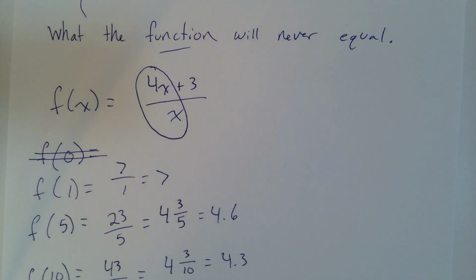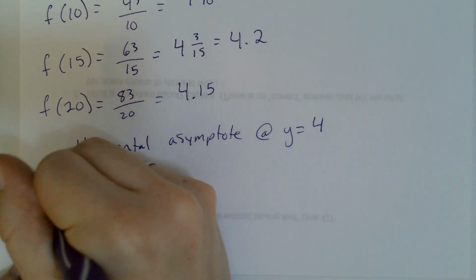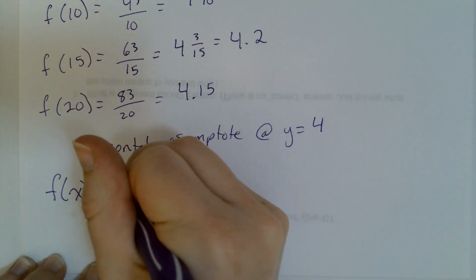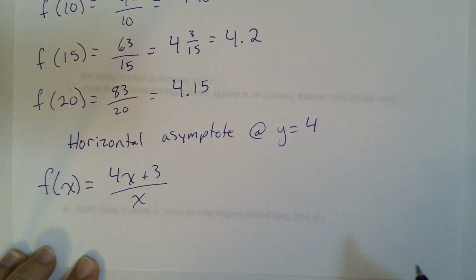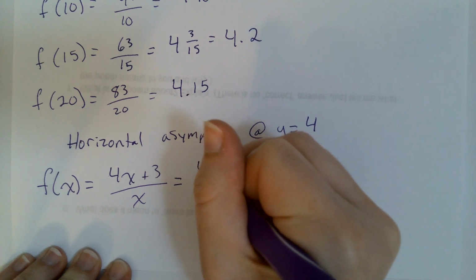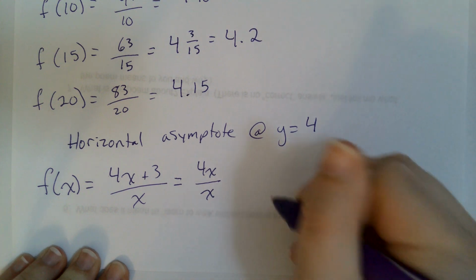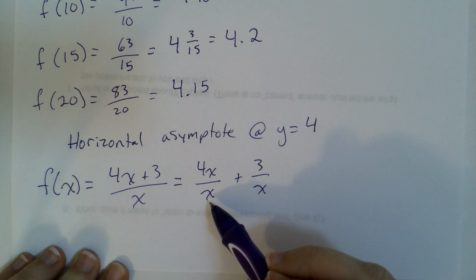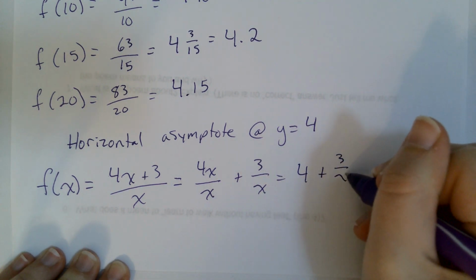And then another way is, and this is important because you might see this on the test, a function might be written in a different form. So this is that same function from above. But this is equal to, basically we can split up the numerator and say this is equal to 4x over x plus 3 over x. 4x over x is just 4, so that's 4 plus 3 over x.